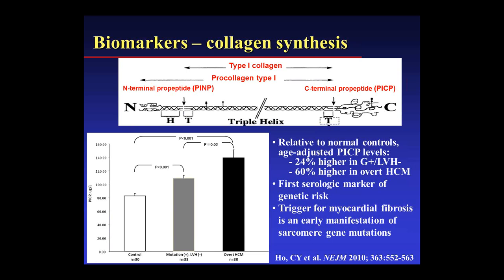Troponin, which is a classic marker of heart injury, is typically released in a heart attack, but levels can also be elevated in HCM.